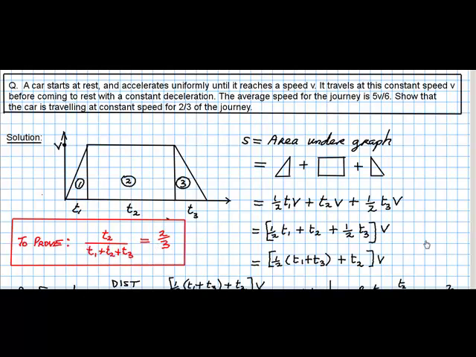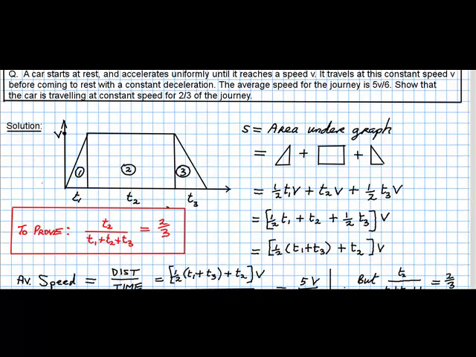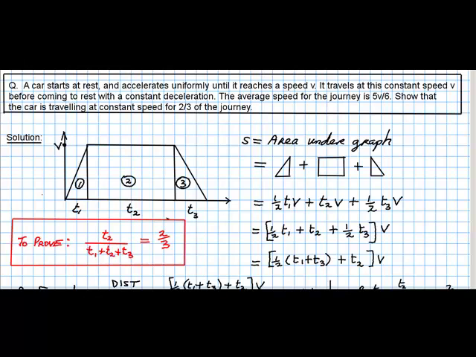Now, our starting point. I'll talk for a minute about places where you can go wrong as opposed to the right thing to do. A place you could go wrong very easily is to bring in accelerations, to start using v equals u plus at for part 1 of the journey and so on. There's absolutely no need for that, because if you read between the lines, the whole emphasis of the question is that they're only talking about average speed, which is distance over time.